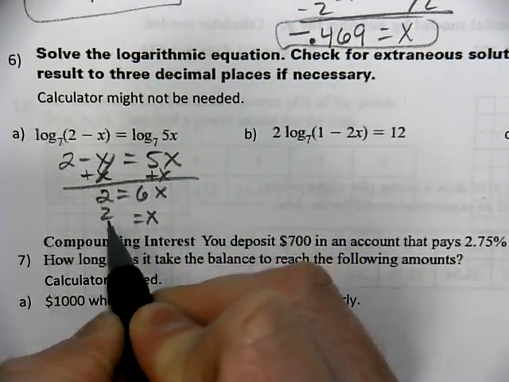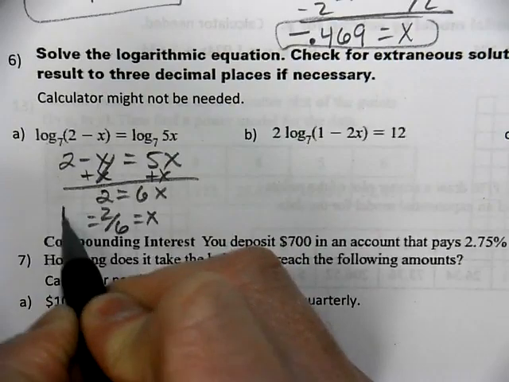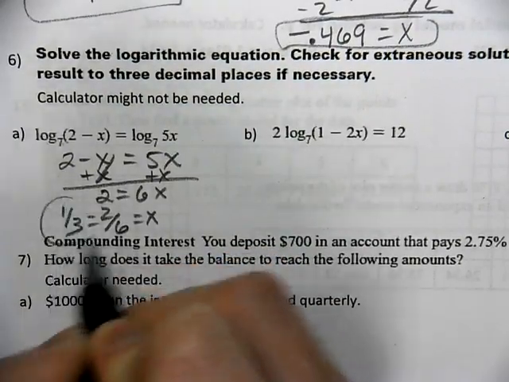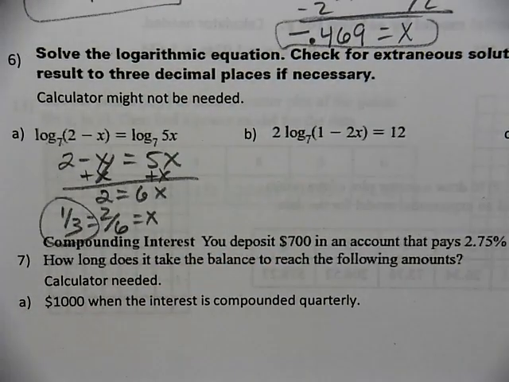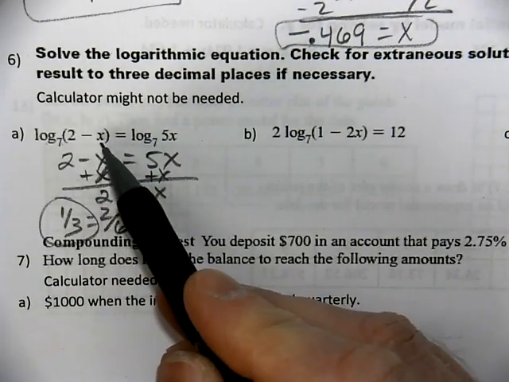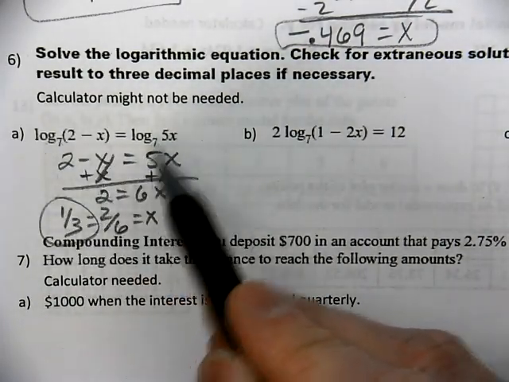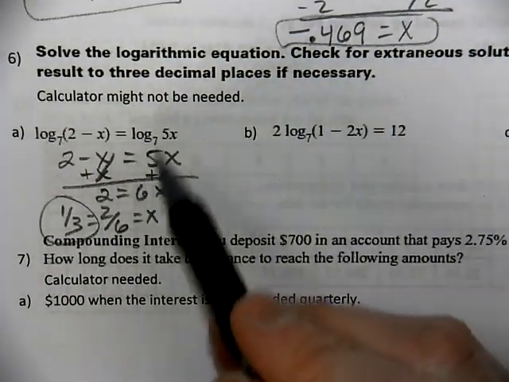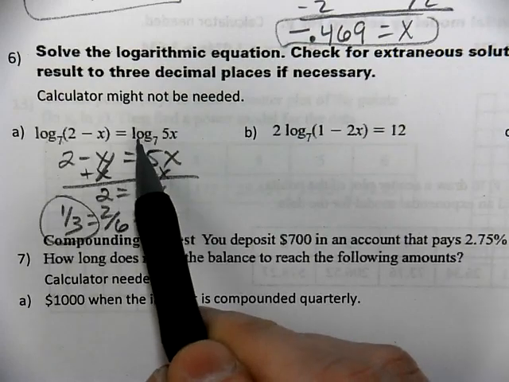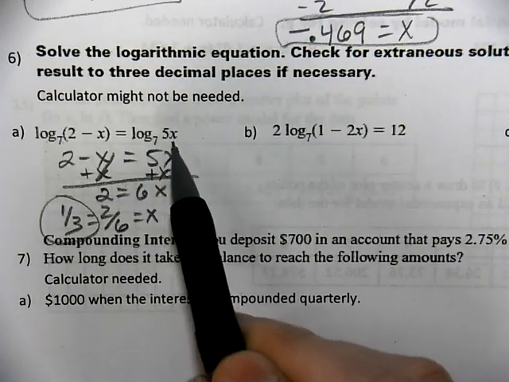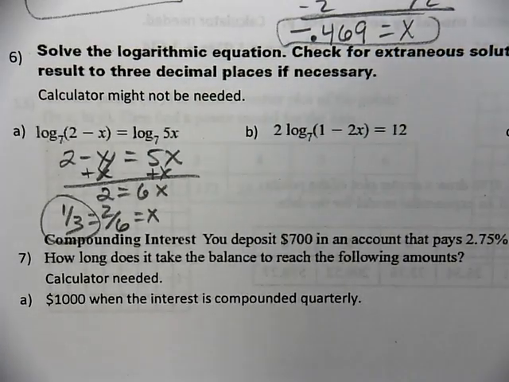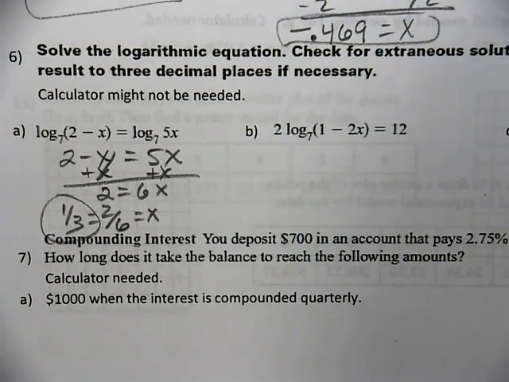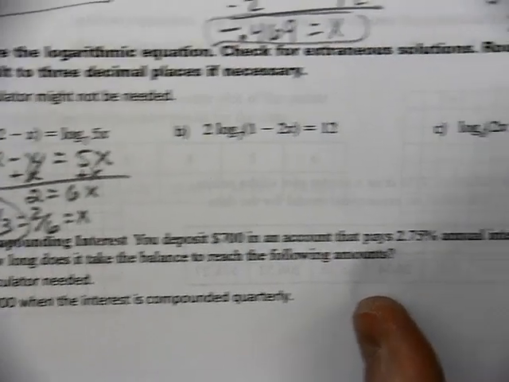So x equals 2 divided by 6, which is the same thing as 1/3. And we got one answer, it's a positive. We plug it in, 2 minus 1/3 and 5 times 1/3. It'll work out the same. You can go through all those details. But remember, you can't take the log of a negative number. That would force it to be an extraneous solution.